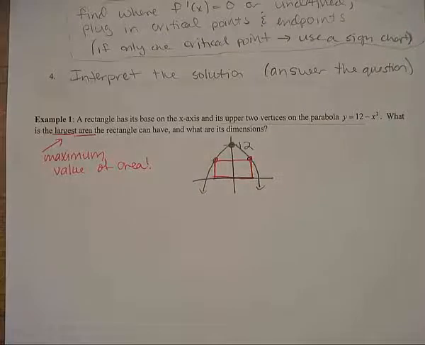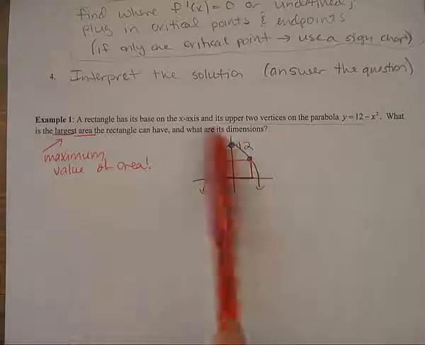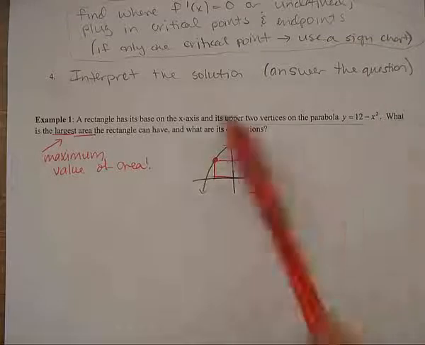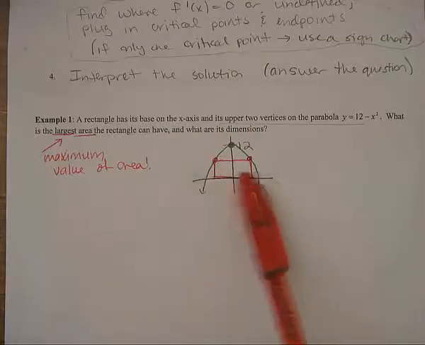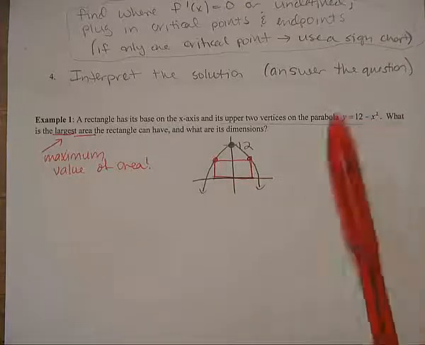So I need to somehow figure out an equation that would relate area to the dimensions of this rectangle. And I need to relate that to my given information. So I need a way to somehow figure out what the dimensions of this rectangle are in terms of x.